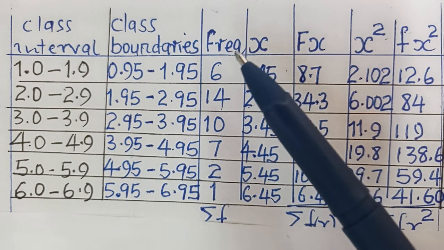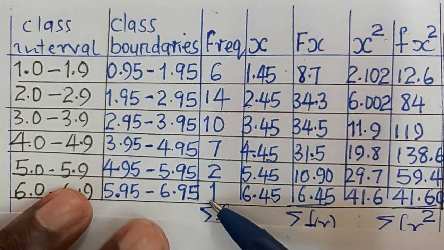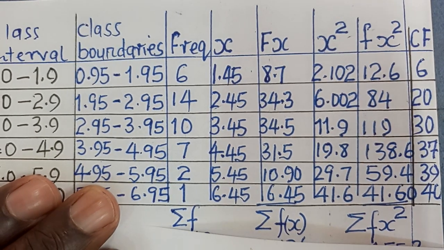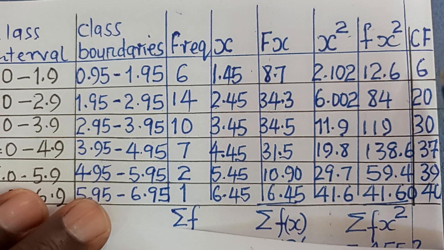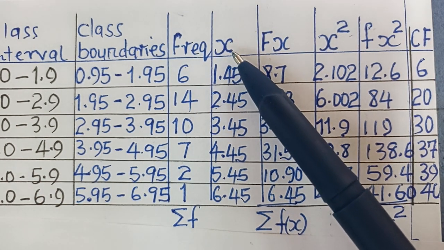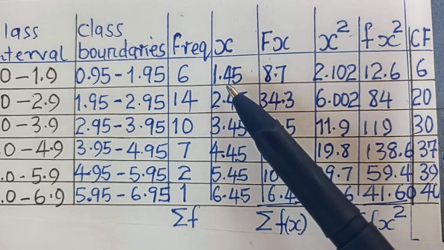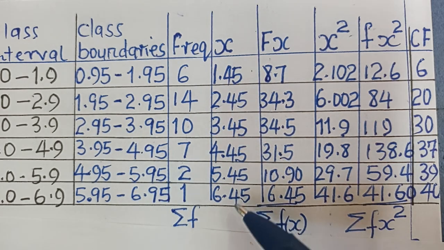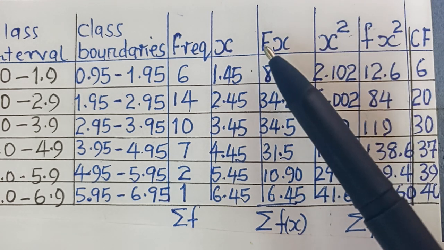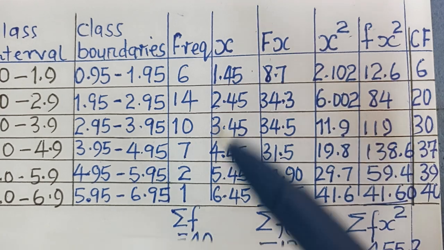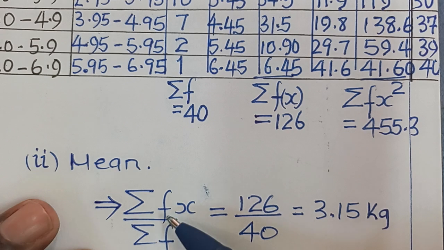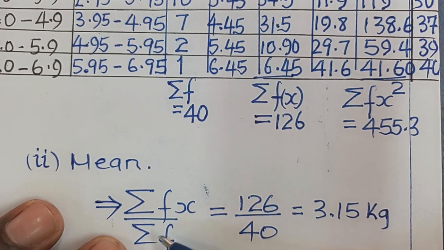From there, I have the frequency, and from the frequency I have also come up with a cumulative frequency at the end. We also have the midpoint of every class, the first class being 1.5, and so on up to this point. We also have the fx. For us to get the mean, we will need the fx, as you can see in the equation, summation fx over f.